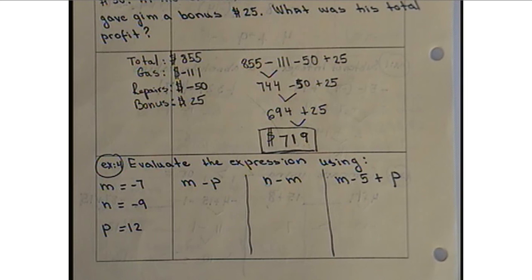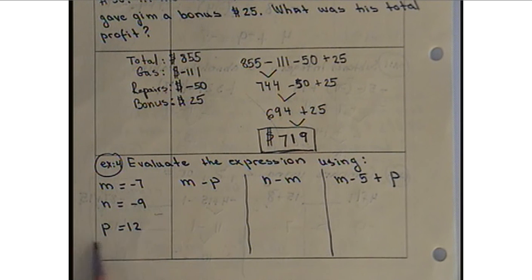So now they're asking us to evaluate those expressions. In order to evaluate expressions with variables, first thing you have to know what the variable is equal to. So that's why we have given that m equals -7, n equals -9, and p equals 12. So let's go ahead and substitute.